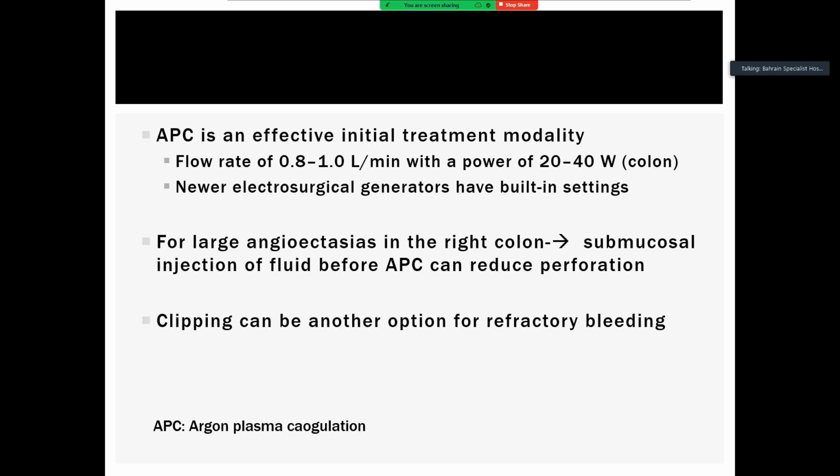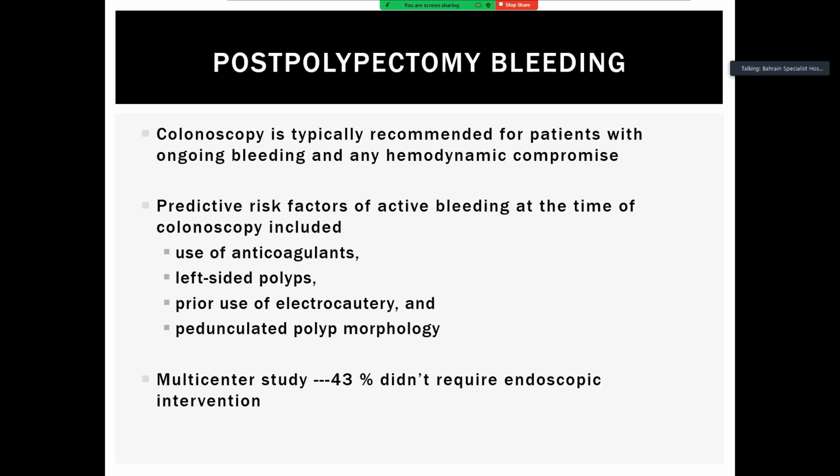If it is in the right colon, which has a thin mucosal wall, there is a very high risk of perforation if we do the coagulation directly. So we prefer a submucosal injection to raise the mucosa and then do the APC. Clipping can also be performed if they are refractory to coagulation.